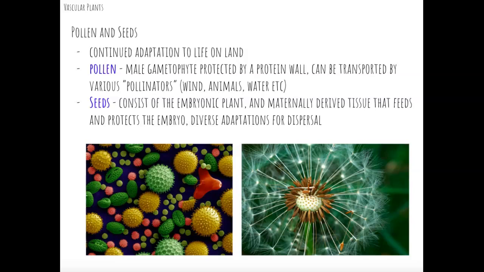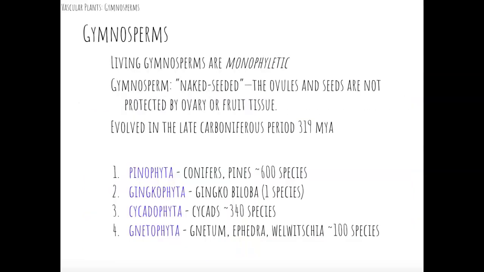Seeds are the embryonic plant. They consist of maternally derived tissue, and that feeds and protects the embryo. Seeds also have diverse adaptations for dispersal, which we'll talk about in a little bit more depth. The first type of seeded plant to evolve, and the first one that we're going to discuss, are called the gymnosperms.